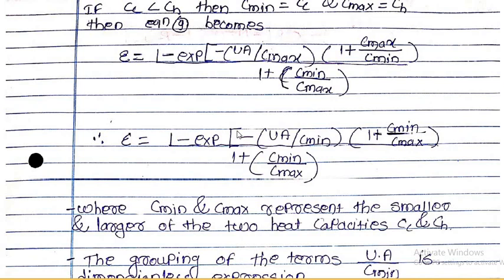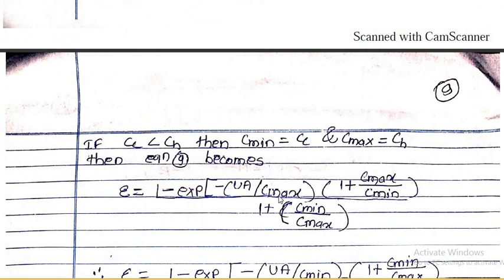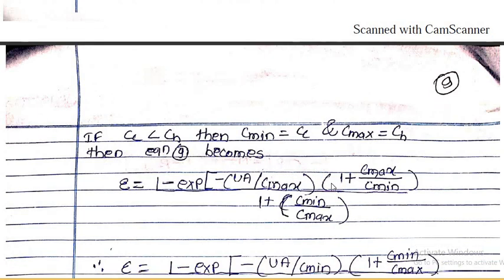If you multiply 1 upon C max inside the bracket, it will become 1 upon C max plus 1 divided by C minimum, and if you take the 1 upon C minimum outside the bracket, then we will get the same term only, okay.